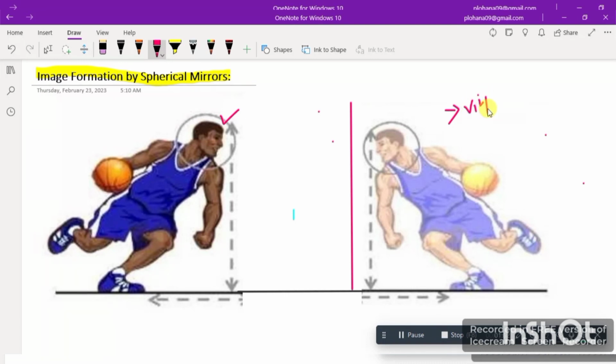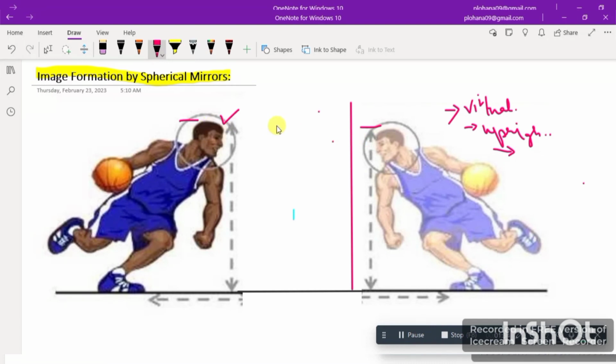This would be virtual. Secondly, this picture is upright, right? Thirdly, if you can see the height of this real picture and the height of this virtual picture, the height is the same in both cases.